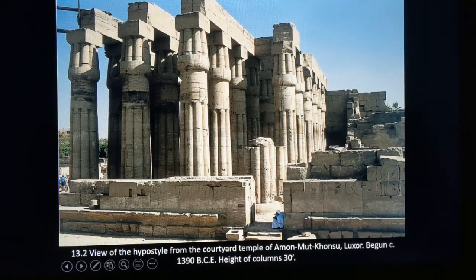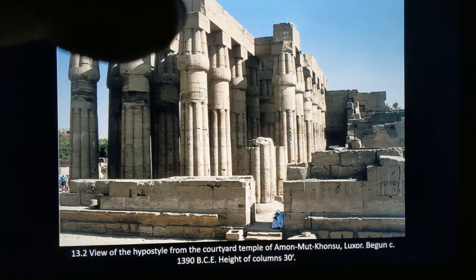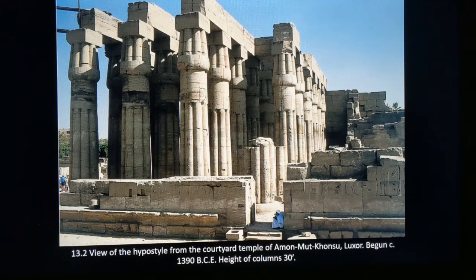So in the case of hypostyle halls, as we see here, we cannot just have one column on one end and one on the other and then a long horizontal stone lintel, because it would just break. We have to have all of these supports underneath, so it creates almost like a forest of columns, of posts, and then the horizontal lintels on top in the hypostyle hall.